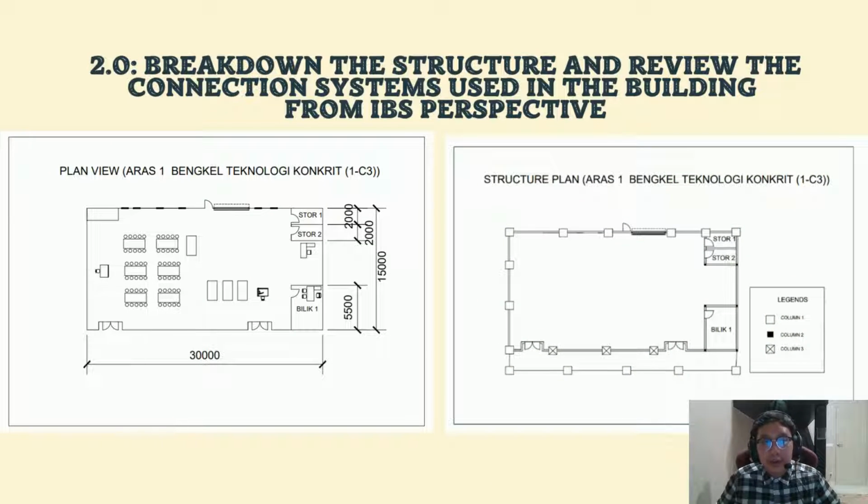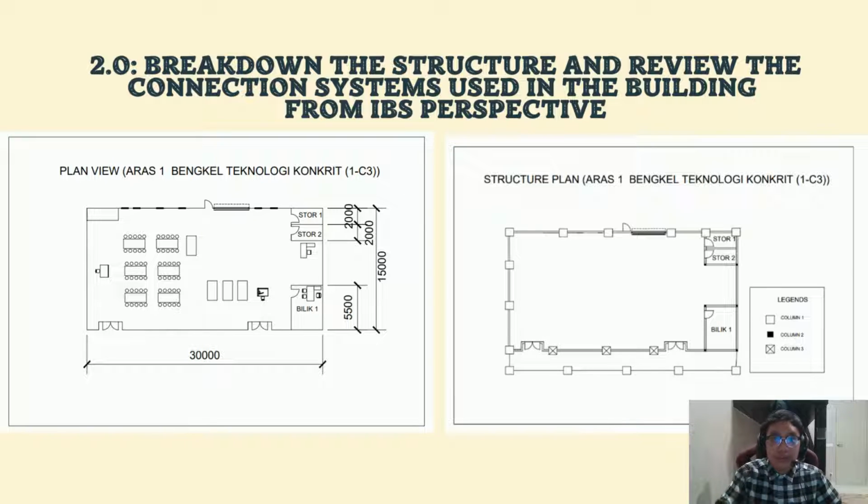For task 1, break down the structure and review the connection system used in the building from the IBS perspective. The selected building is located in UTHM Pagoh campus. The building is a concrete laboratory which conducts basic properties tests on concrete ingredients as well as quality control tests on cement, aggregate and concrete.